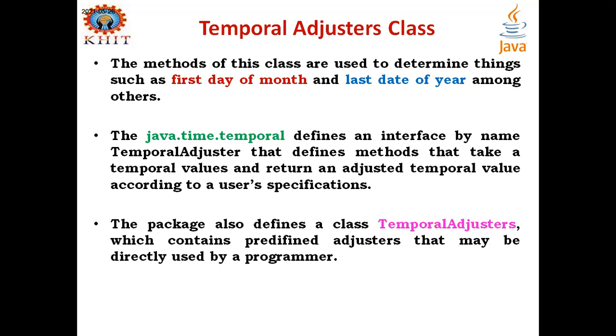There is also a class called TemporalAdjusters defined in this package, and it contains predefined adjusters that may be directly used by programmers to work with the first day of the month or the last day of the year. Based on this, you can make any temporal adjuster objects.